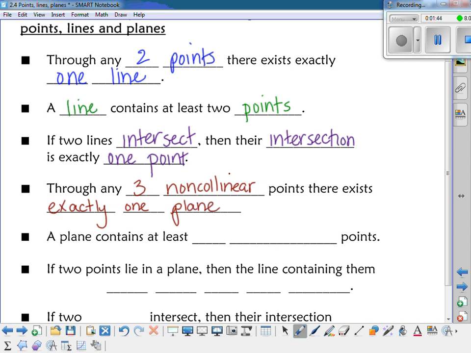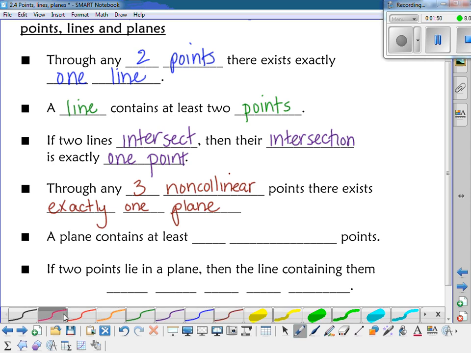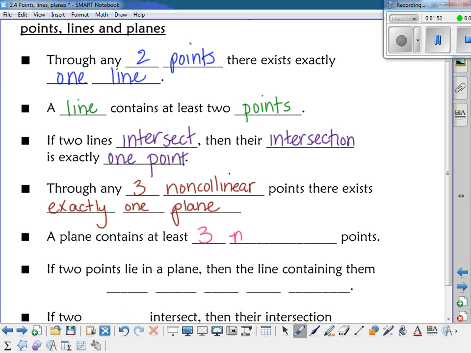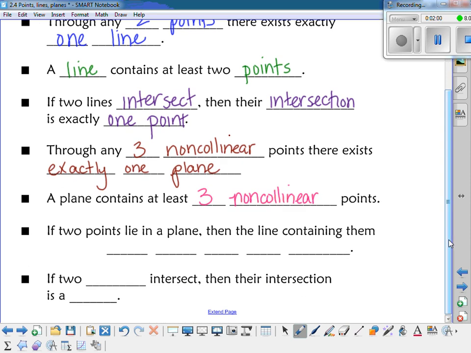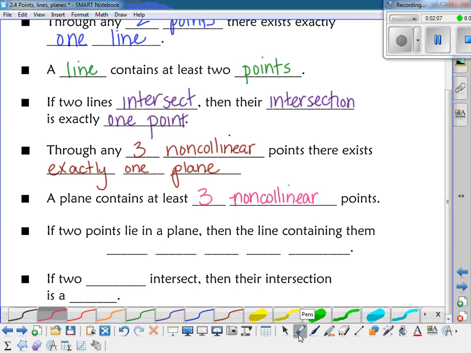And so conversely, a plane contains at least 3 non-collinear points. If 2 points lie in a plane, then the line containing them also lies in the plane.